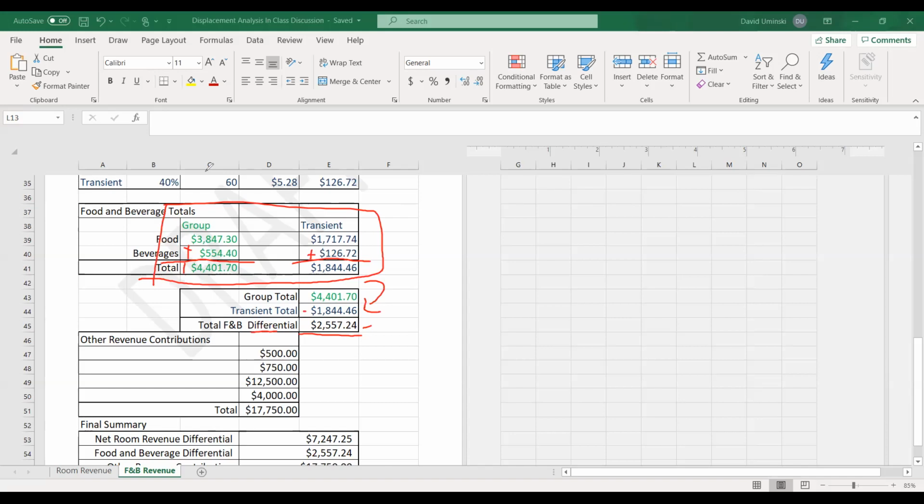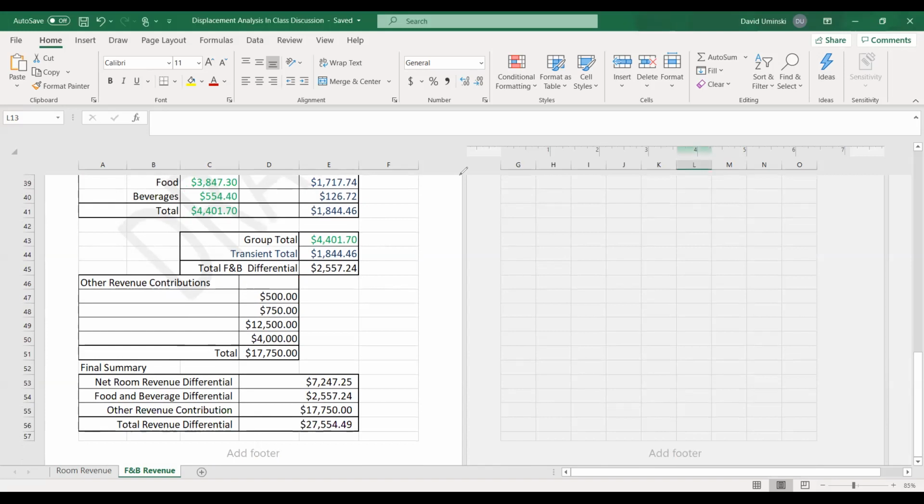Nope. Okay. The very last step then is the other revenue contributions. And then the very last, we add everything together here to get our total revenue differential. So you'll see here we have our room revenue, we have our food and beverage that came down here, our other, and our total room revenue differential.